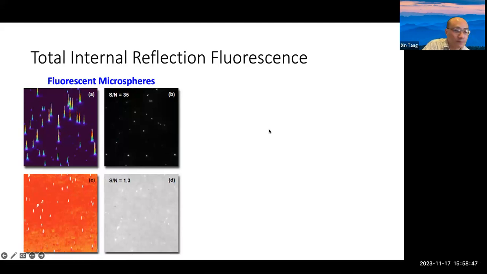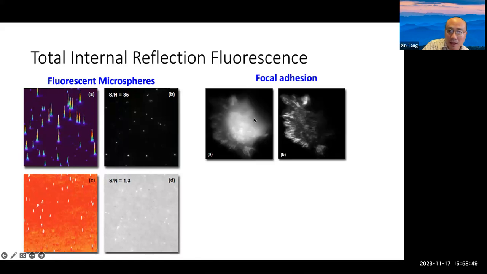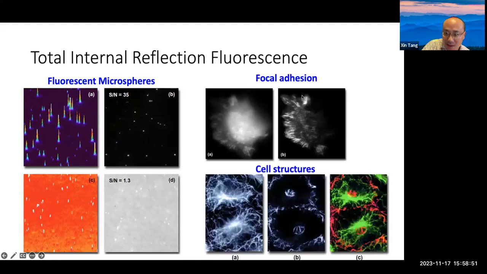That's much better. And in reality, you can use that to see the focal adhesion, meaning the collection of integrin, very clearly. This is TIRF. This is not TIRF. You see the very blurry. A is not TIRF, B is TIRF. In the cell structure here on A, you see all the cytoskeleton is epifluorescent.